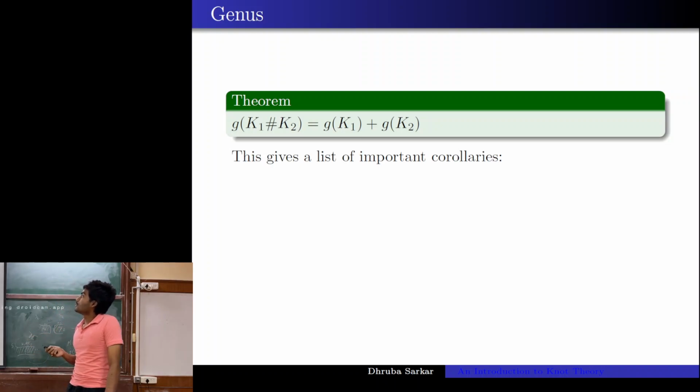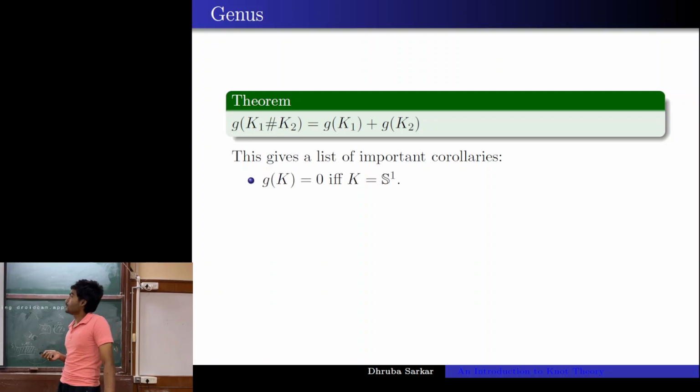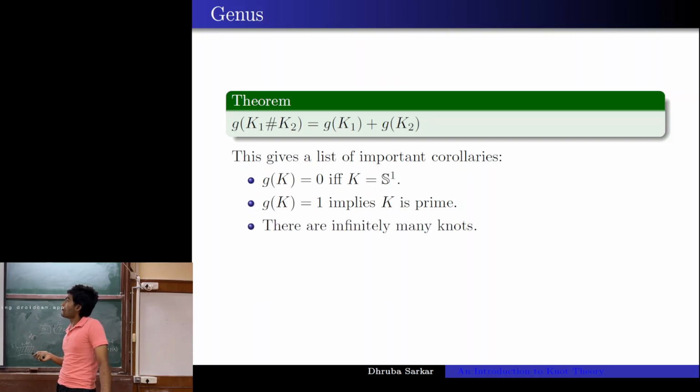And this theorem will give us a list of important corollaries. The first one is that g of K is 0 if and only if K is equal to S1. The next one is that if the genus of a knot is 1, this implies the knot is prime. That follows from the theorem, because if you break it into two genuses, at least one of them has to be 0, which would imply one of them is nothing but a circle.